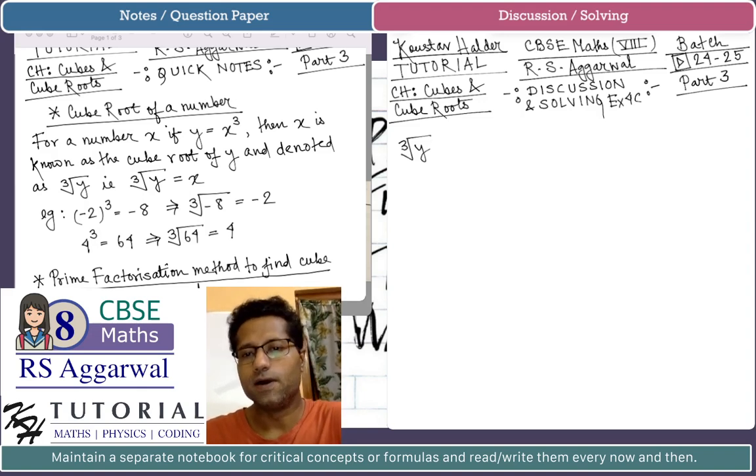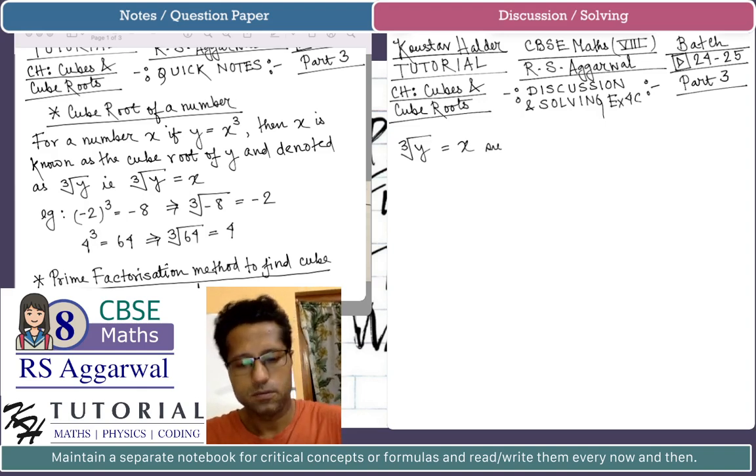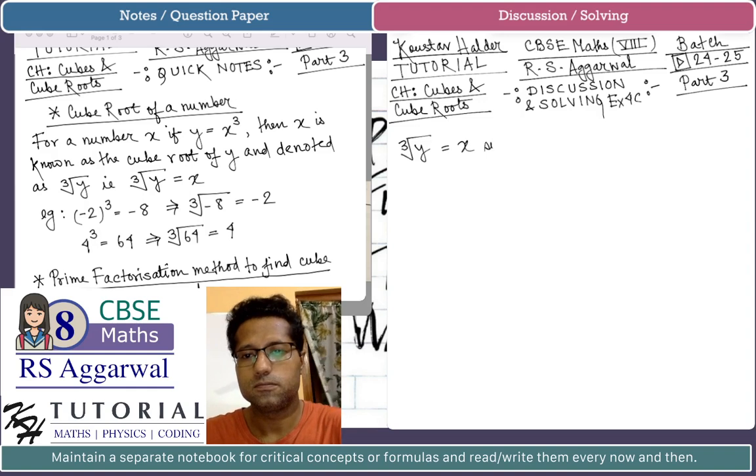So the cube root of y will be a number x such that x cube, if you take the cube of x, you will get the number y.